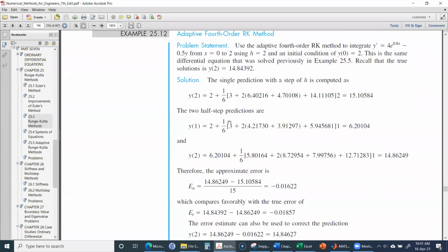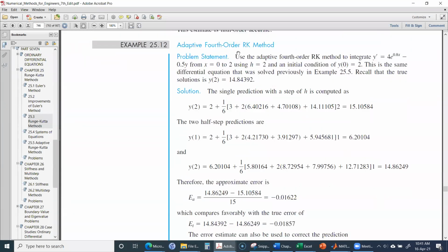Let's see this example: the adaptive fourth order Runge-Kutta method. Use it to integrate 4e^(0.8x) minus 0.5y from x equals 0 to x equals 2 using h equals 2, a step size of 2, and an additional condition of y0 equals 2, the initial condition. This is the same differential equation that was solved previously in example 25.5, and we know its true solution at x equals 2 is 14.84392.